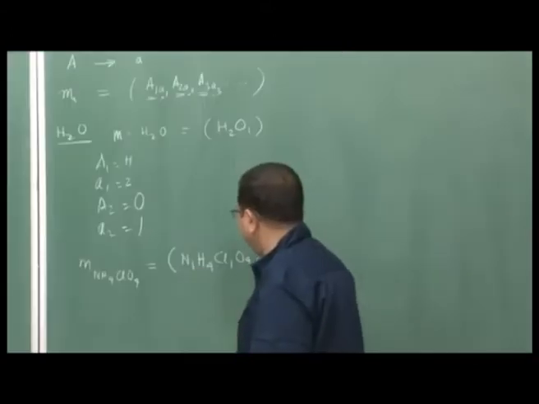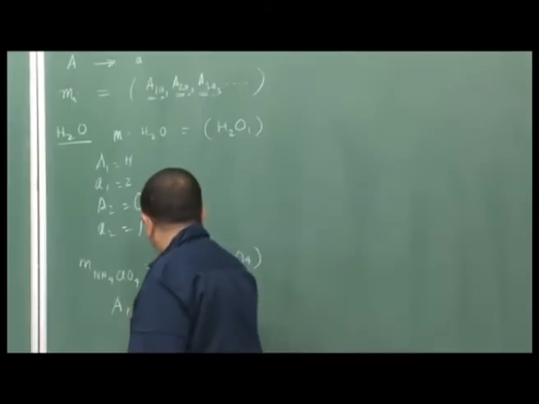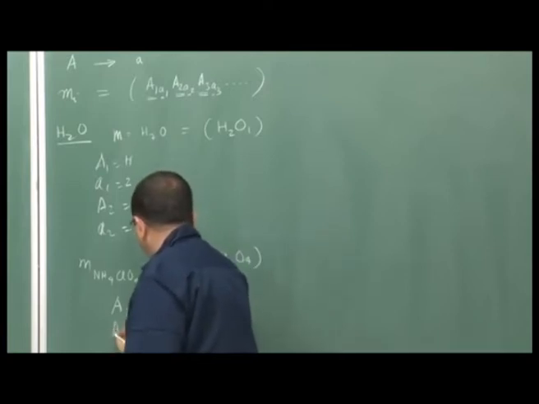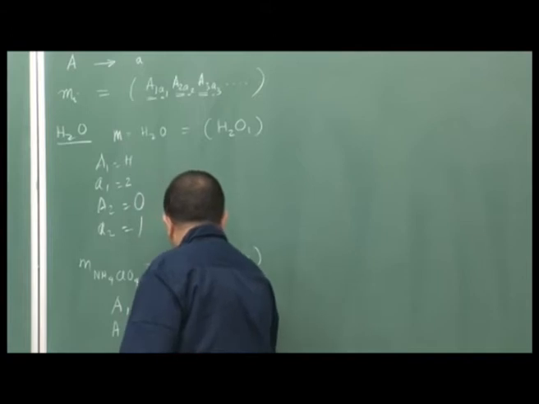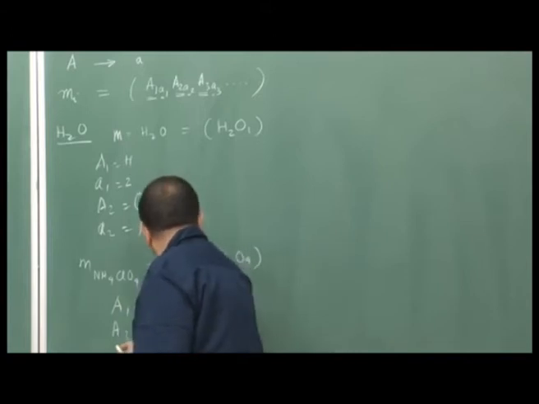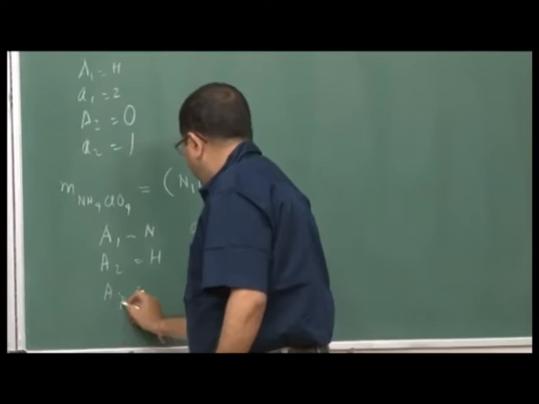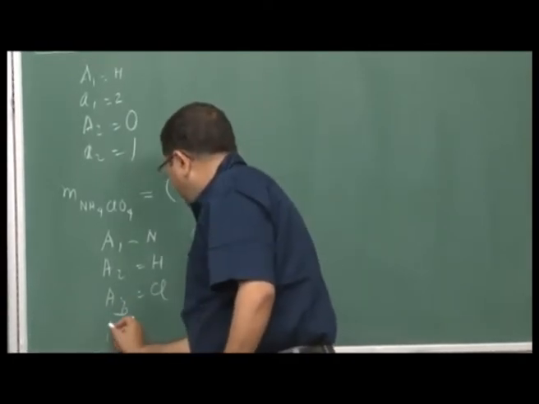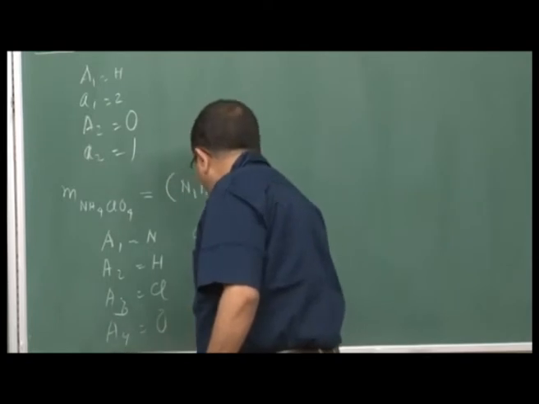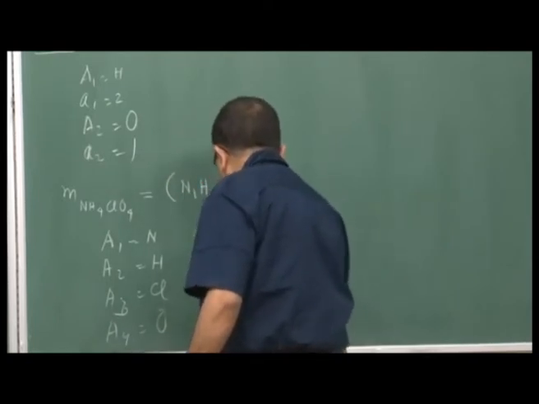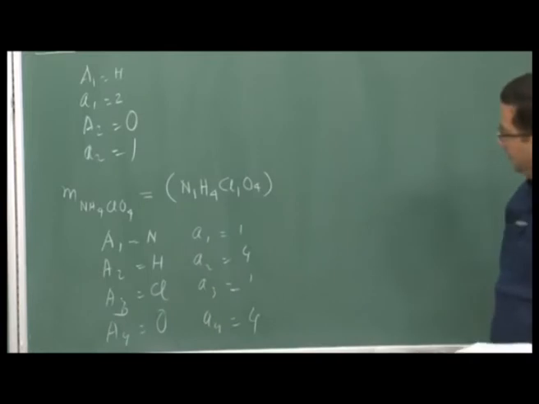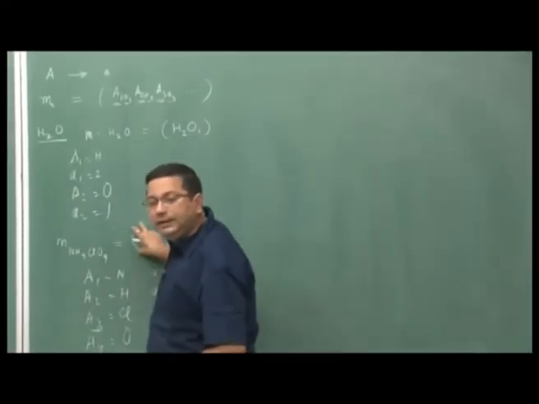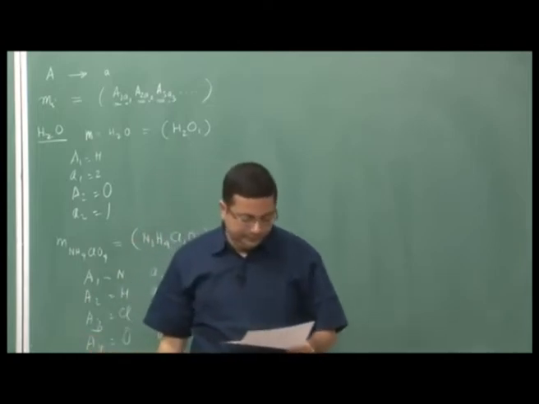Therefore, for this case my A1 is nitrogen, small a1 is 1, A2 is hydrogen, small a2 is 4, A3 is chlorine, small a3 is 1, and A4 is oxygen, small a4 is 4. Okay. So, this is the representation of a molecular species in terms of the atomic species.